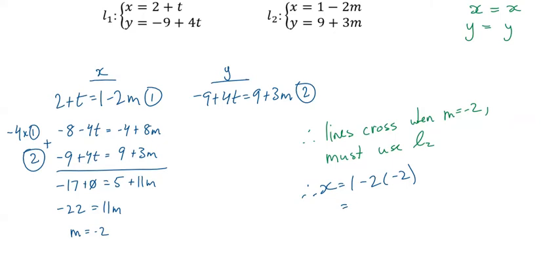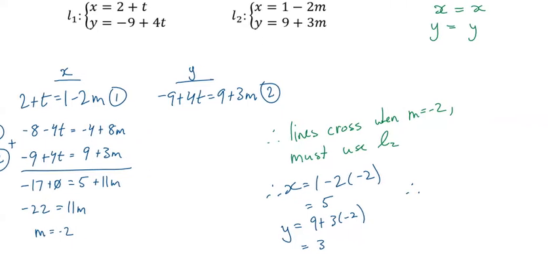Therefore, L1 and L2 cross at a point, and there's one solution, and the solution is (5, 3). So my therefore statement there has all three parts.